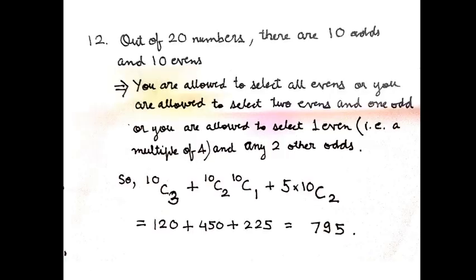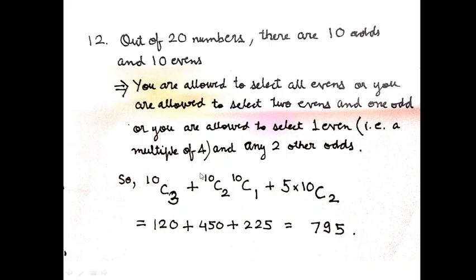So let us see, out of 20 numbers there are 10 odds and 10 evens. You are allowed to select all evens, one case, or you are allowed to select 2 evens and 1 odd, one case, or you are allowed to select one even, i.e. a multiple of 4, and any 2 other odds. So first condition gives you 10C3, out of 10 evens, all are even.